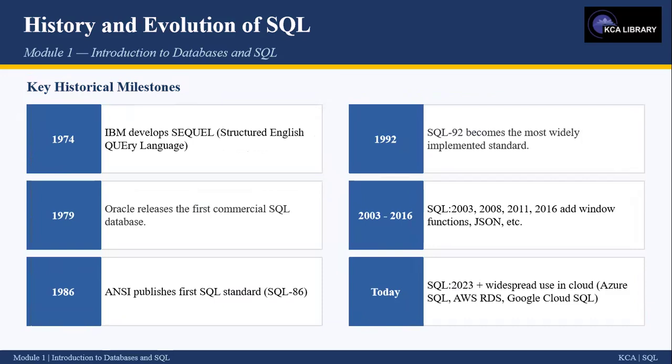In 1992, SQL-92 became the most widely used version. Over the years, new standards kept coming, adding window functions, JSON support, and much more. Today, we are at SQL:2023, and SQL is deeply integrated with cloud platforms like Azure SQL, AWS RDS, and Google Cloud SQL. SQL has truly stood the test of time.